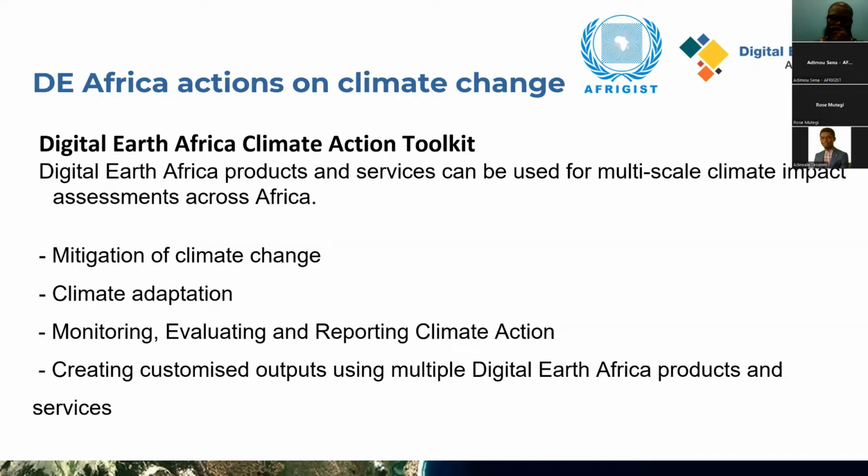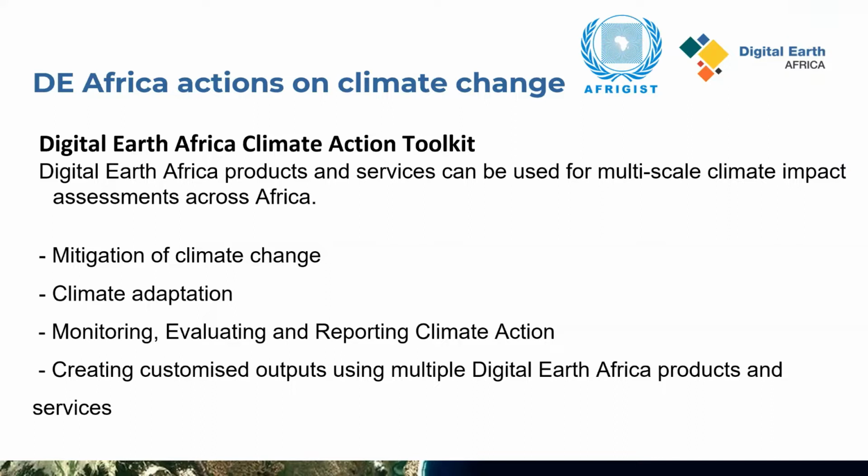So we were able to categorize all the actions into mitigation of climate change, climate adaptation, monitoring, evaluation, and reporting on climate action, and creating customized output using multiple Digital Earth Africa products and services.